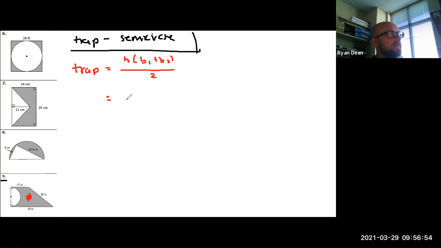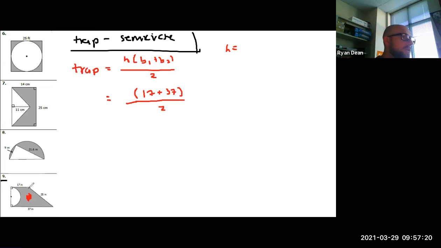So we're going to have to find that. And it's going to come back to the Pythagorean theorem again. We will be using the Pythagorean theorem quite a bit in a lot of these problems. But here for the two bases, we have 17 plus 37.